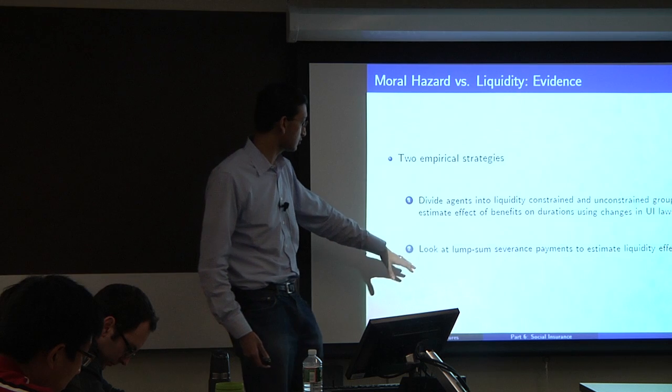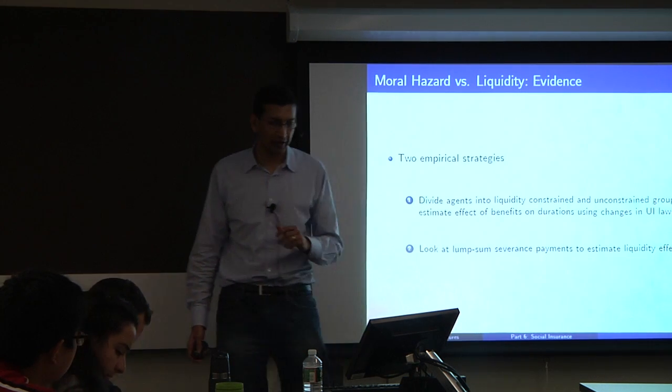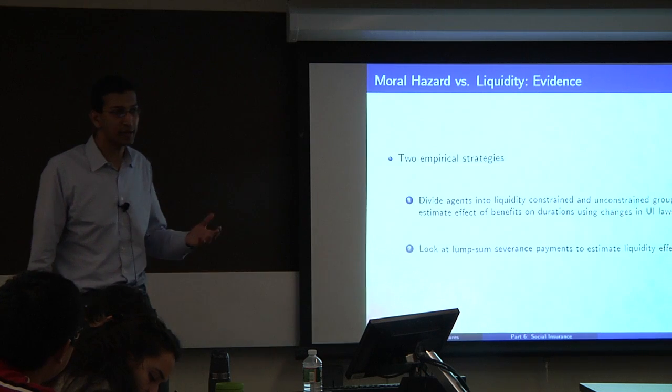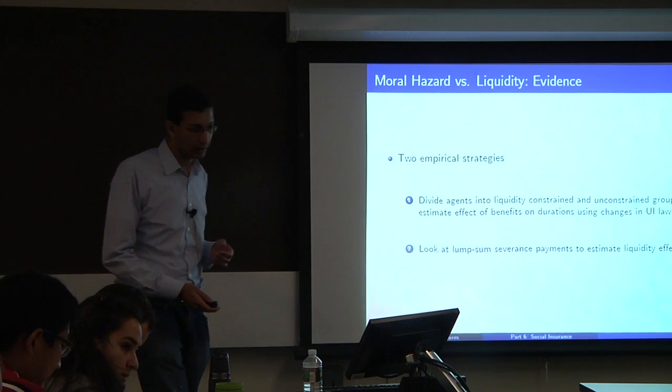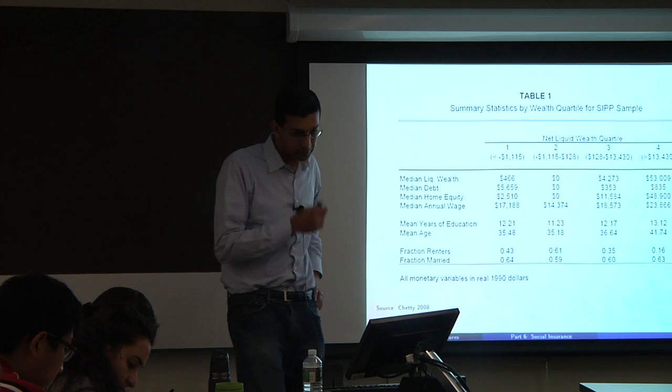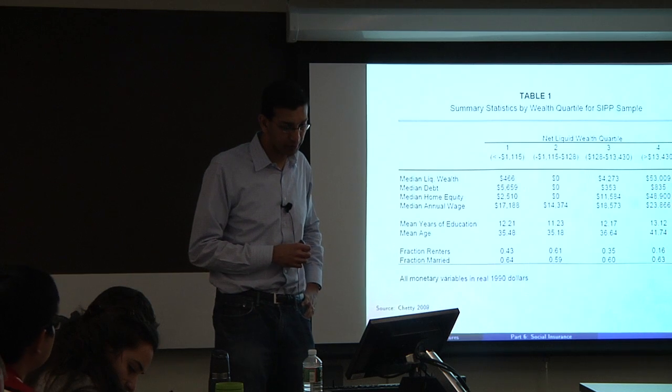And that's what the second strategy tries to do. It looks at lump sum severance payments to estimate the size of the liquidity effect. Now, that variation is not great in the US. The data is not great in the US, so I'm going to talk about a subsequent paper which does this much better. So here's first just to get a sense, empirically, of why this might be important.